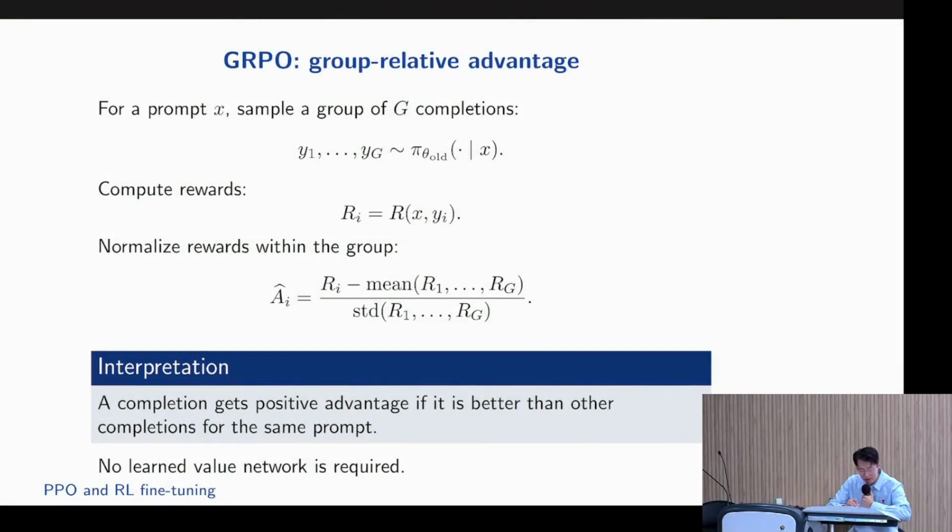For a prompt X, you're going to sample a group of G completions. As opposed to sampling just a single trajectory, you're going to sample multiple trajectories. Let's call them Y1 through YG.